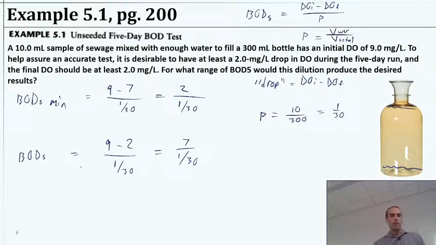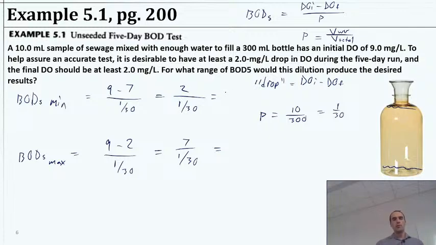The largest drop corresponds to our maximum BOD for this condition, this range. That's going to be a drop of 7 because we need 2 remaining. So the drop here for the max is 7. And for these, we can take 30 and multiply it by that number.